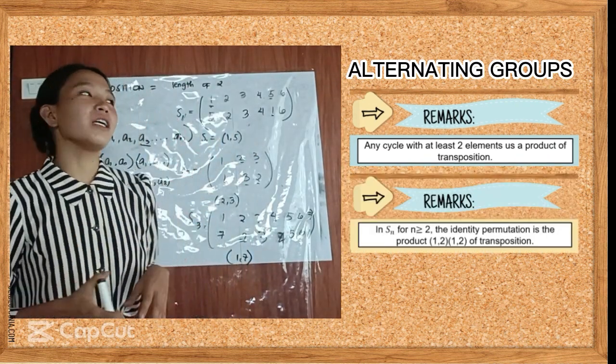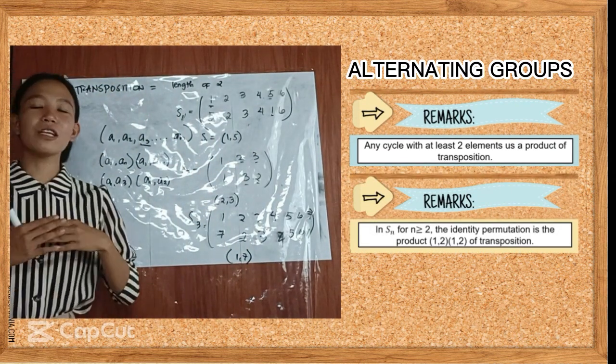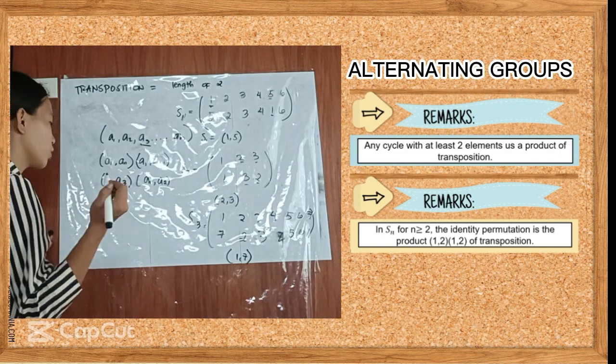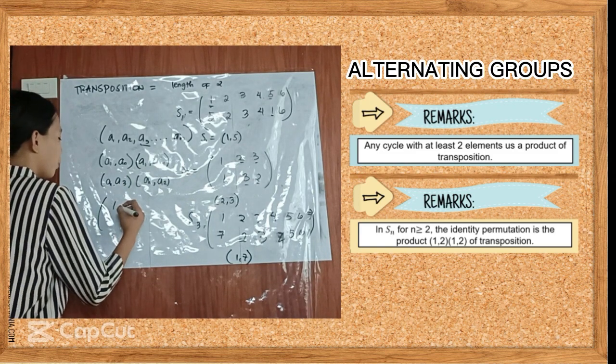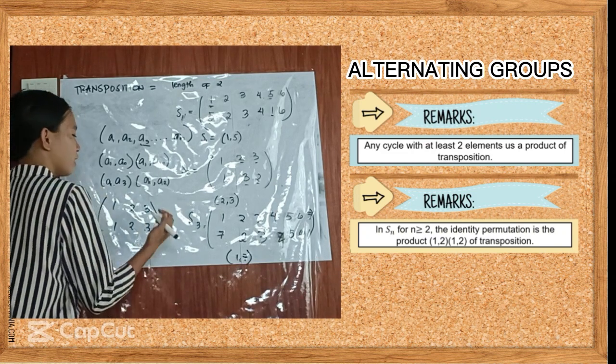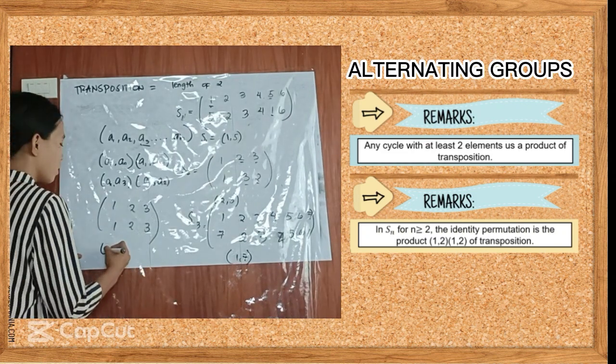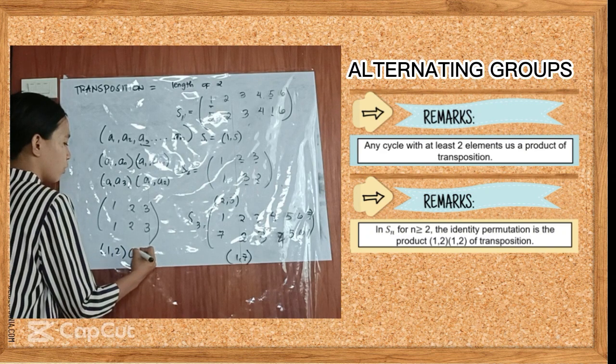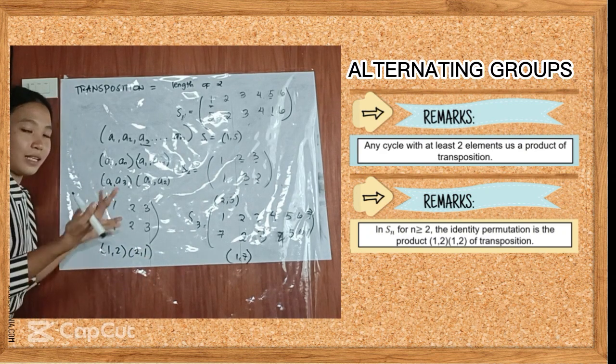The second remark is the identity permutation. Let's say we have 1, 2, 3 mapping to 1, 2, 3. The transposition of this is 1, 2, 2, 1. That's it.